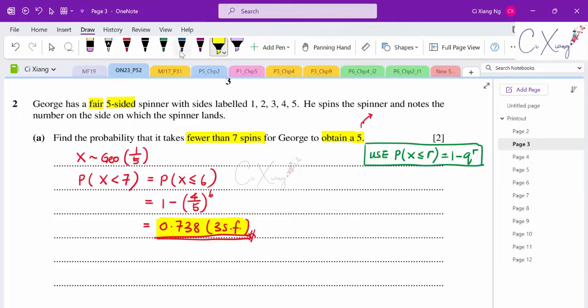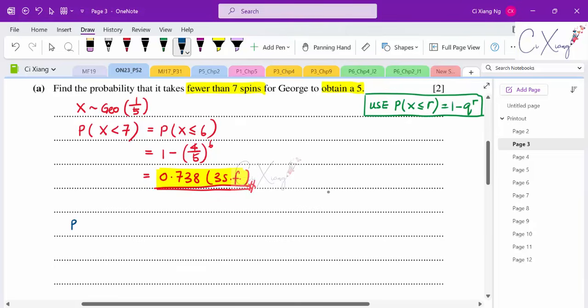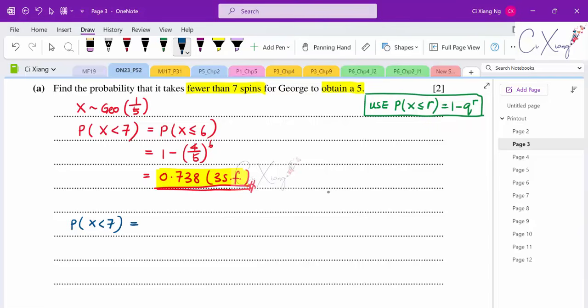So maybe some of you are not able to remember the formula here, right? Then you can have another option of the step where it will be much longer. Okay, so if let's say they are asking for x smaller than 7, that means you need to include all the cases for x smaller than 7, where you might have one throw already get a 5.